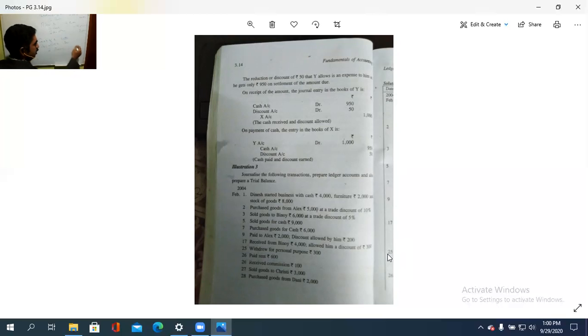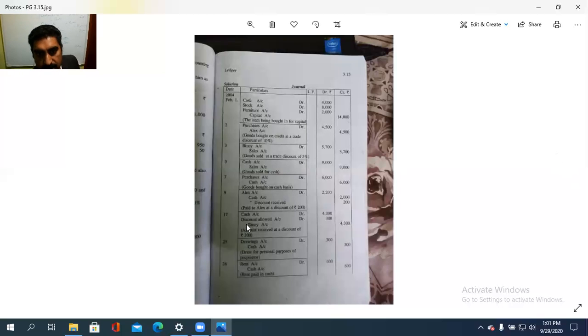So Binoy 4,300. We will see whether it is right or wrong. See, cash account debtor 4,000, discount allowed account debtor 300 to Binoy it is 4,300.